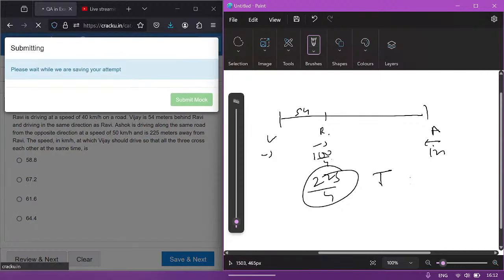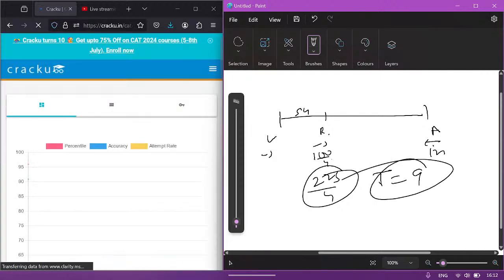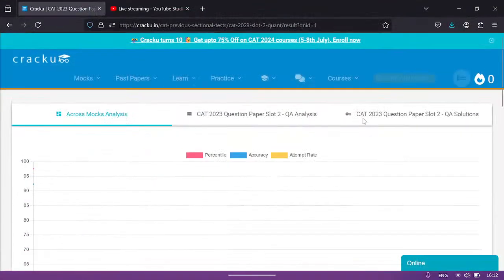So the time would be 9 seconds. We don't have any more time.